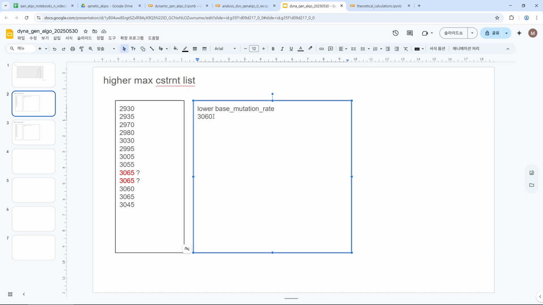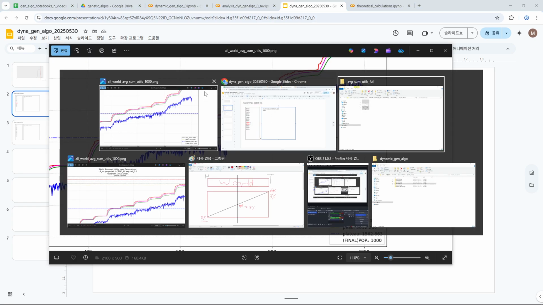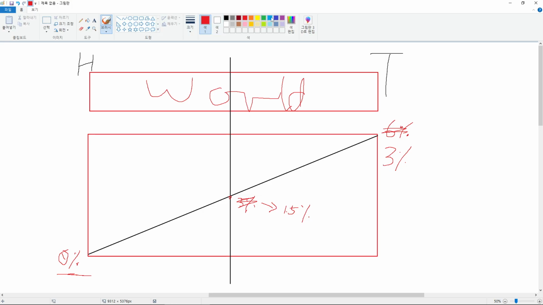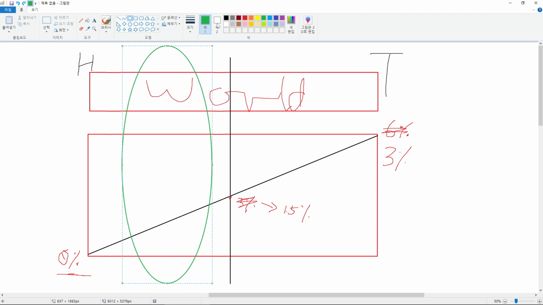But now in this case, it's a question of preserving these guys, the top entities, the high entities. Why is it so hard? These guys here.